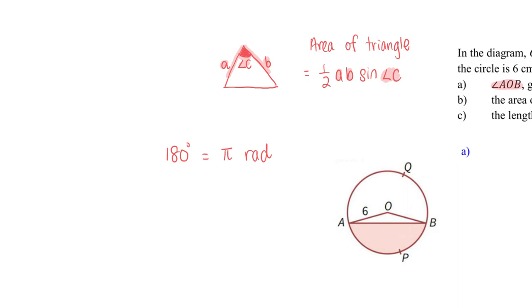Obtuse angle is any angle between more than 90 but less than 180.